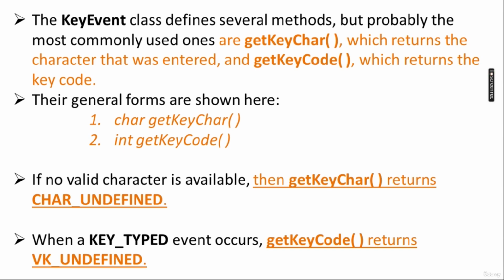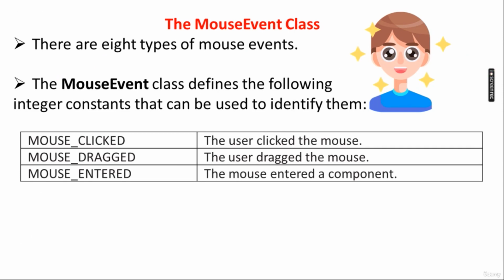Second is getKeyCode. It will return you the integer code. If no valid character is available, then getKeyChar returns CHAR_UNDEFINED, and when a key typed event occurs, getKeyCode returns VK_UNDEFINED.